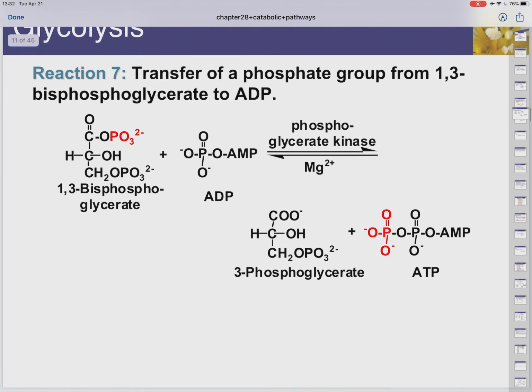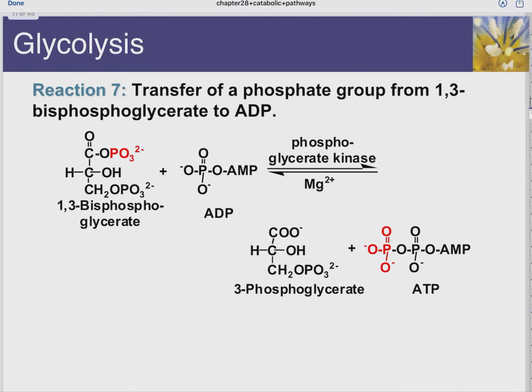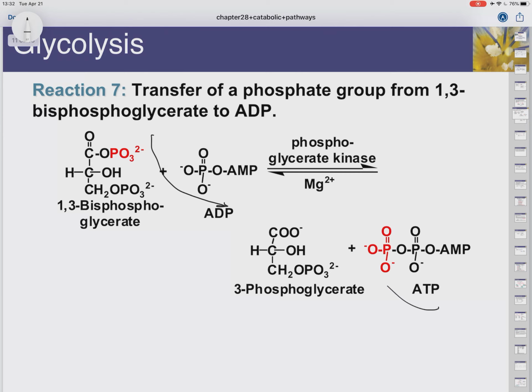The hydrolysis of this molecule is going to yield lots of energy. So 1,3-bisphosphoglycerate now, in the presence of phosphoglycerate kinase, is going to take one of those phosphate groups and transfer it to an ADP, generating an ATP. So we're going to get our first of the high energy molecules here.